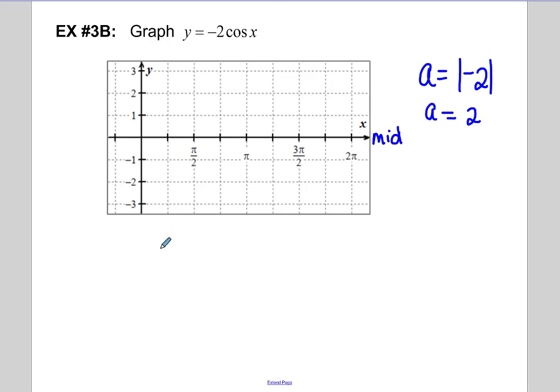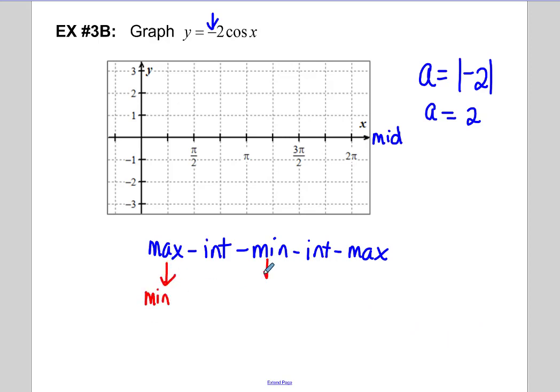And the pattern for cosine was max, intercept, min, intercept, max. But what do you suppose the negative does to the cosine curve? If you thought about that, you're right. It reverses. The maximum now becomes a minimum, and the minimum now becomes a maximum because there's a negative.